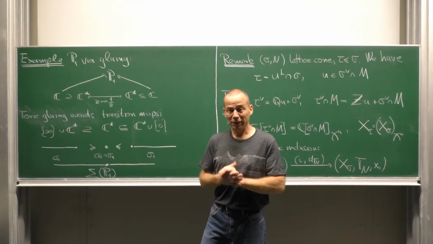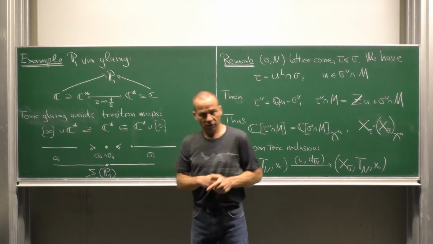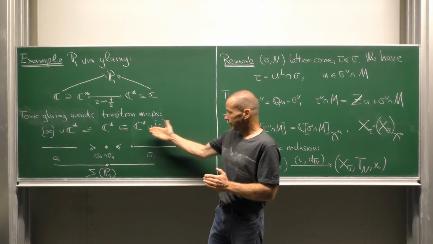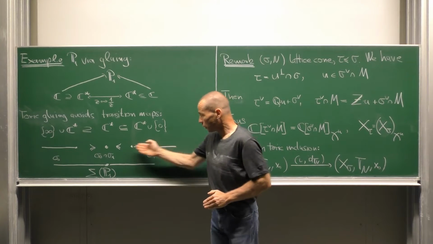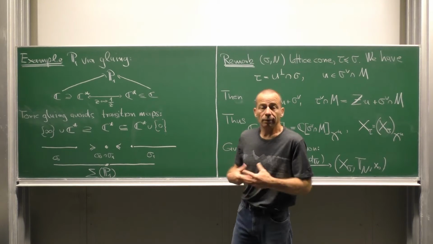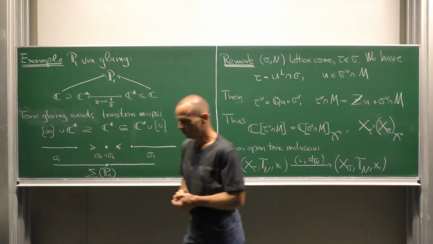What does this mean in terms of cones? C star is given by the 0 cone in Z, and this C star plus 0, so C, is just the positive ray, and the other thing, quite intuitively, is the negative ray.